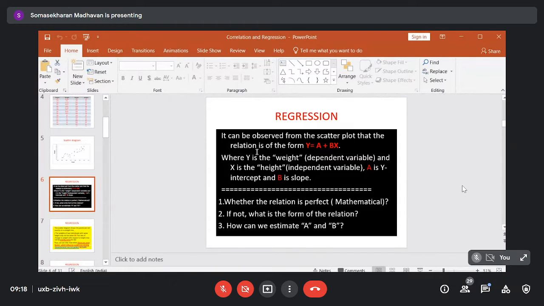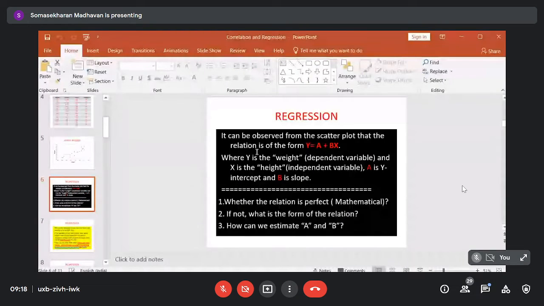Since it is a unidirectional relationship and the weight changes with respect to the height, we choose weight as the dependent variable and height as the independent variable. This is the criterion for choosing a dependent variable from a set of variables.